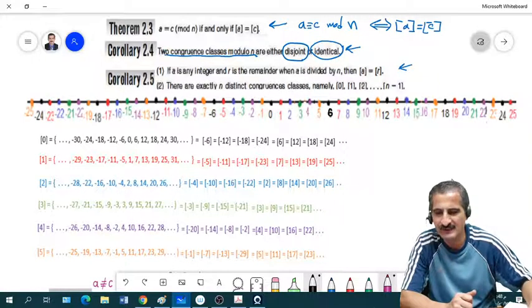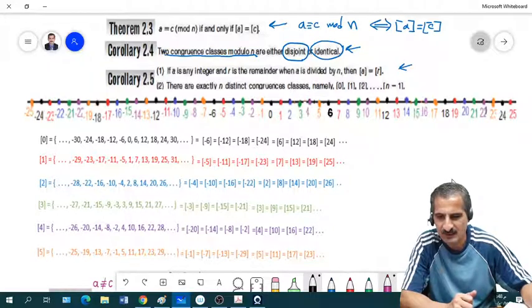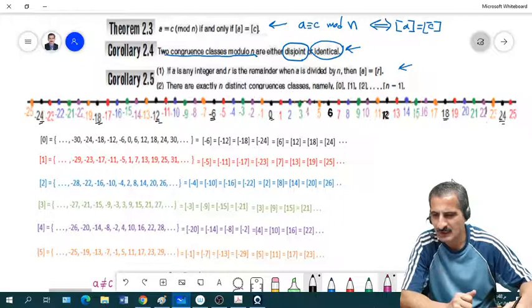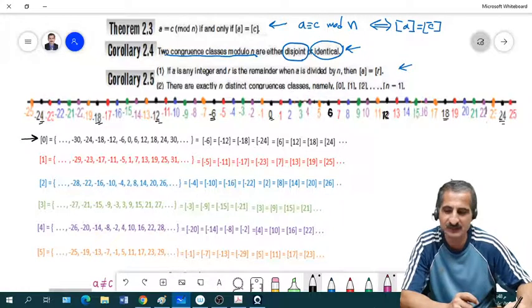So the equivalence class of 6 is 6, 12, 18, 0, 24, minus 6, minus 12, minus 18, minus 24. This is the equivalence class of 6, which is here. And it is the same as the equivalence class of 0.